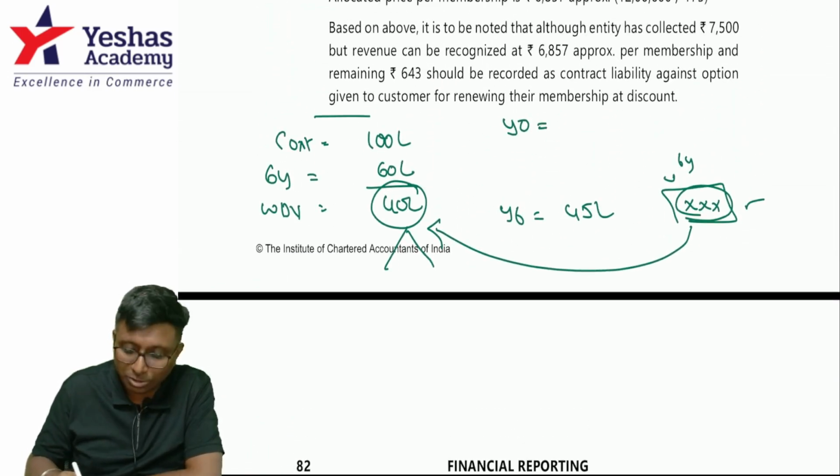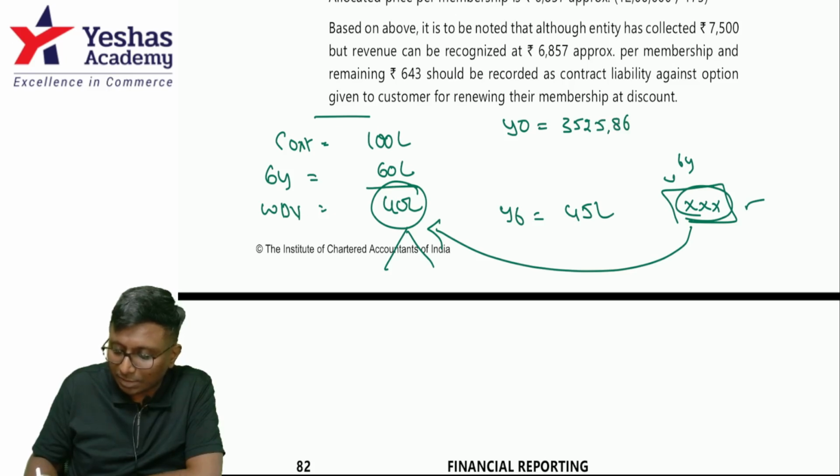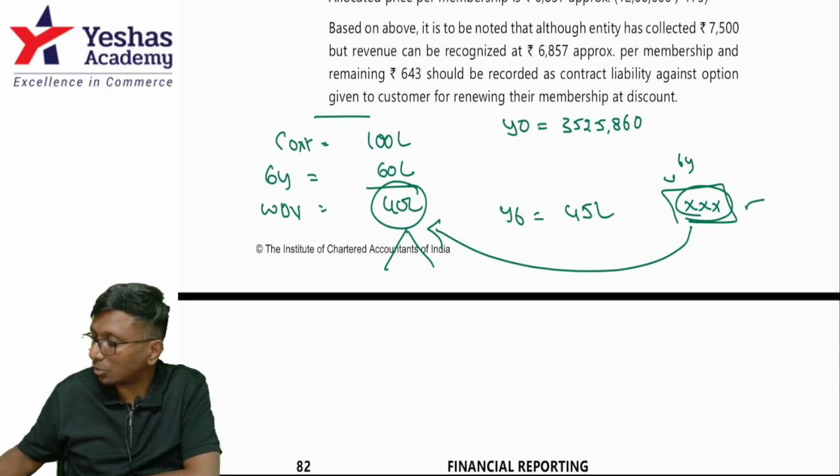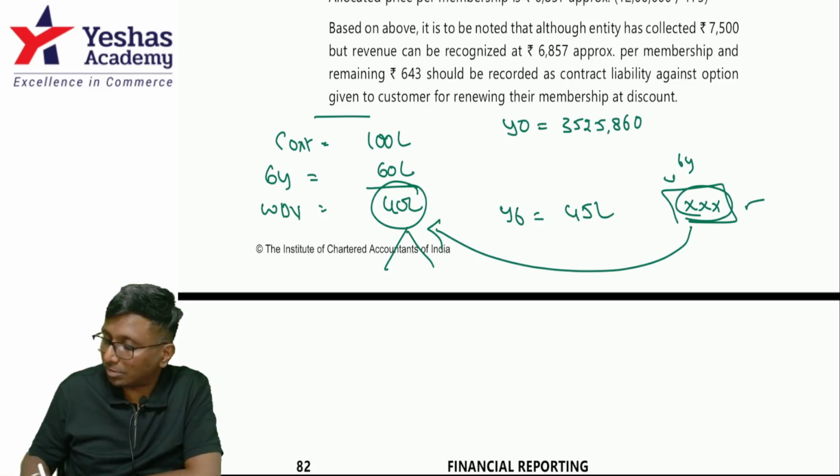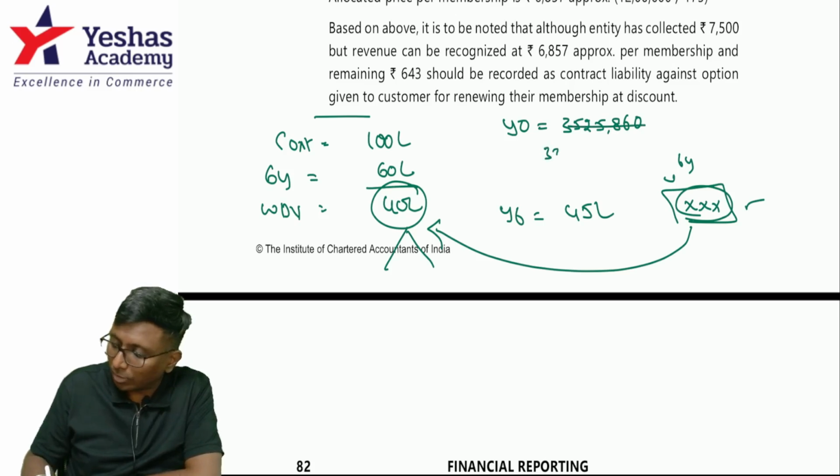The sixth year factor is 1 divided by 1.05 to the power of 6, into 45 lakh. That comes to 33 lakh 57,969 rupees.